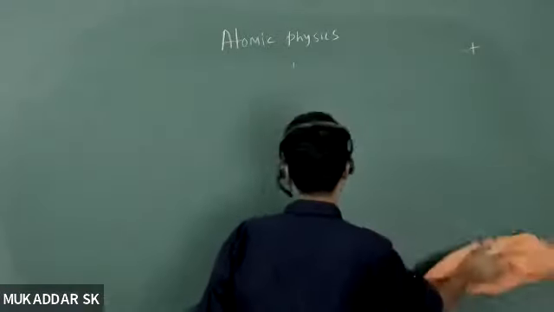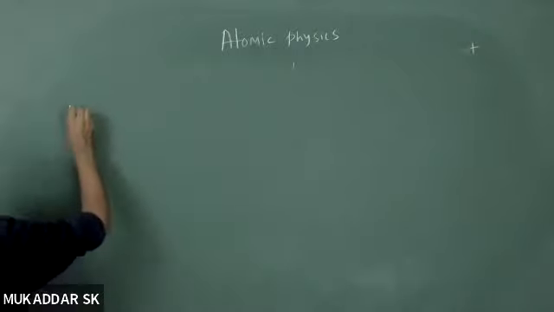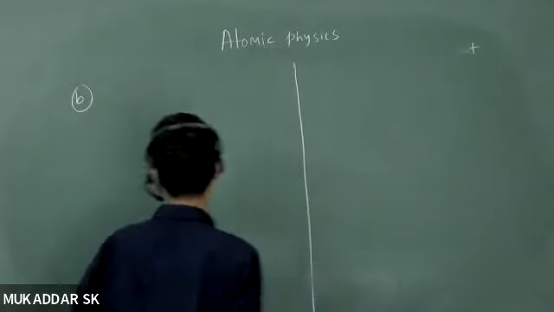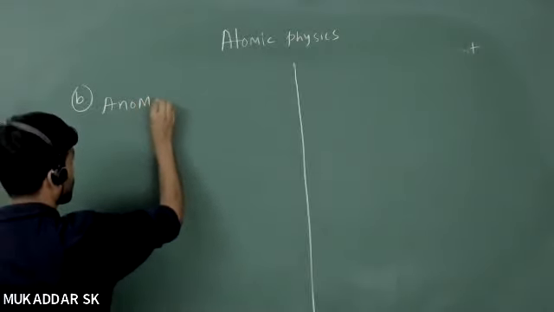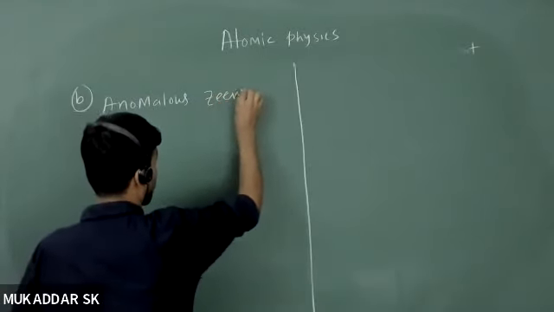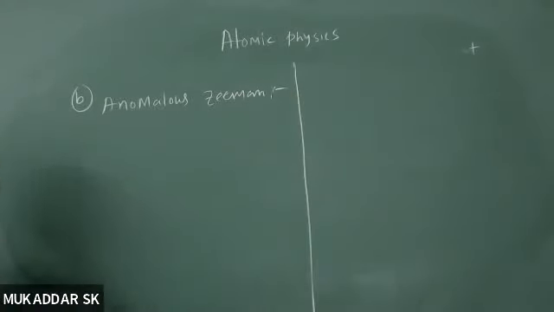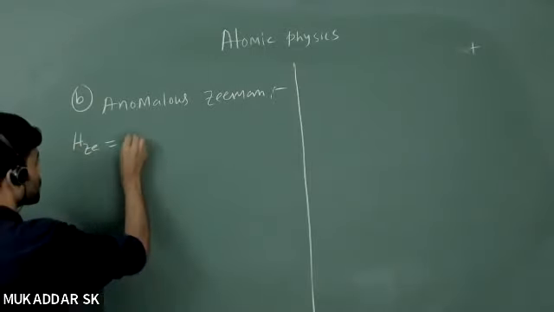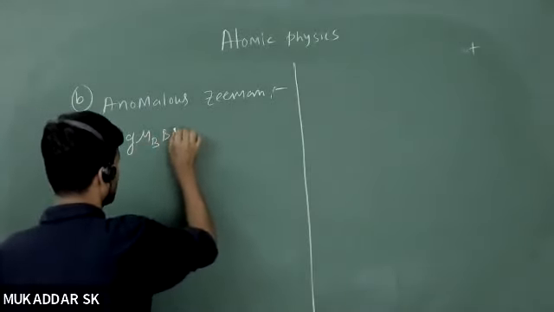Now I'll come to the anomalous Zeeman effect. In that case, the part of the Hamiltonian is g mu B B mj, right?